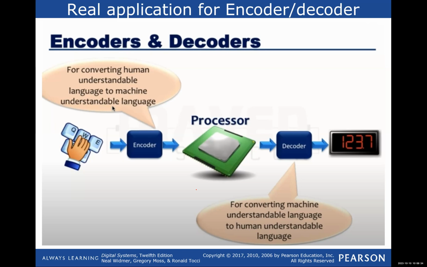It goes through the microprocessor, whatever you want to do with it, and then it will decode it so that on your screen you can see the letter W again. You're not going to see all the hidden codes there. So we're going to learn how we build those two circuits next time.